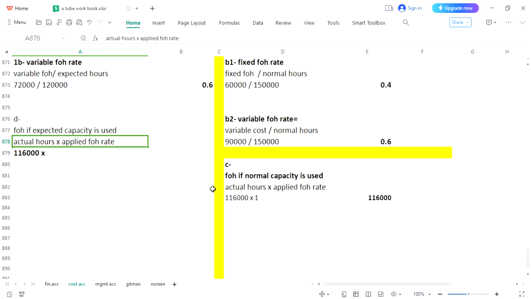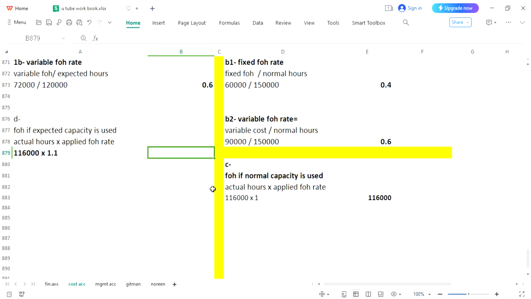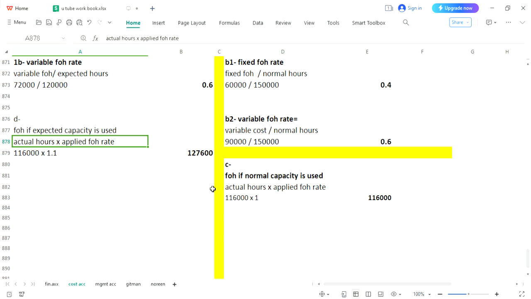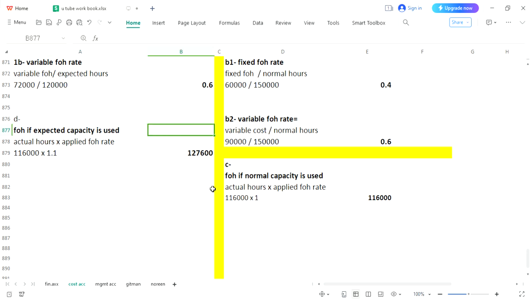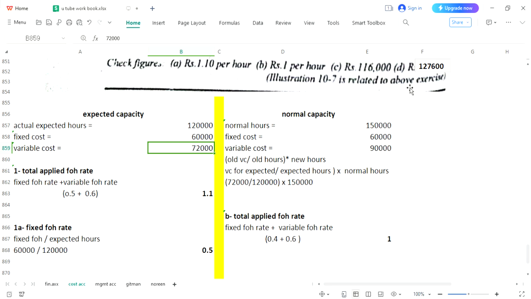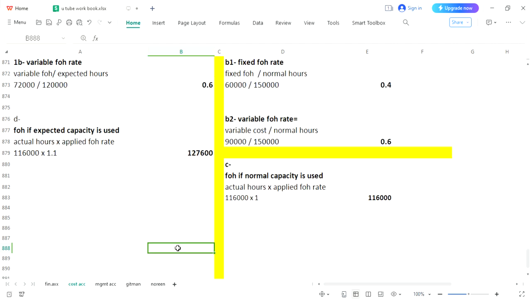On the calculator, 116,000 multiplied by 1.1 gives 127,600. So the D part is 127,600.